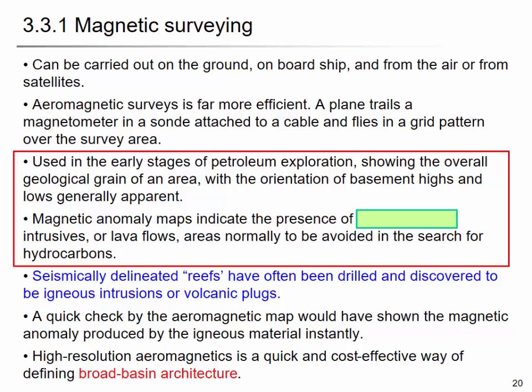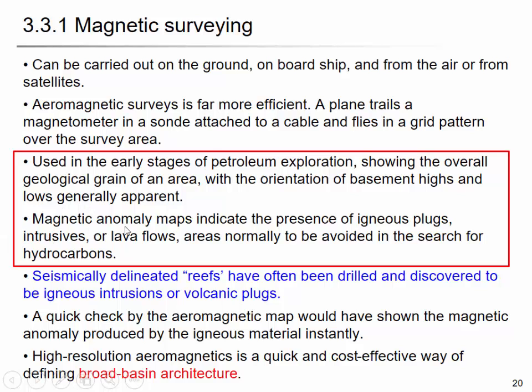And this magnetic survey can be carried out on the ground, on board a ship, in the air using an airplane, and from satellite too. It's called the aeromagnetic survey. Okay. Magnetic survey is used in early stages of petroleum exploration, showing the overall geological grain of an area, with the orientation of basement highs and lows generally apparent.